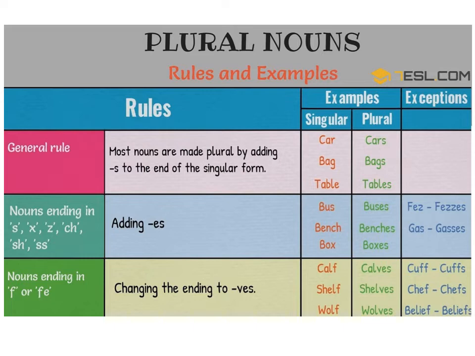Singular bus, the plural form would be buses. The next one is bench. The plural form is benches. And the singular here is box, and the plural form is boxes. As you can see, they just add ES. Okay? But there are some exceptions. Example of that is fez.